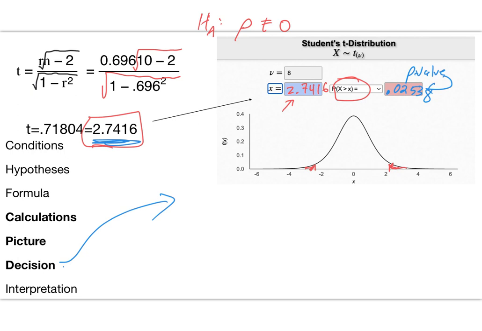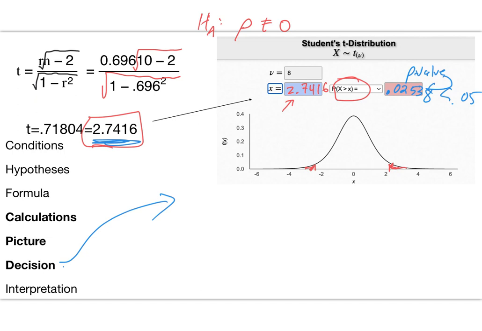Too small. Based on our arbitrary 0.05, this number is less than 0.05. It's too small. It's too small for what? It is too small to assume that the null is true.